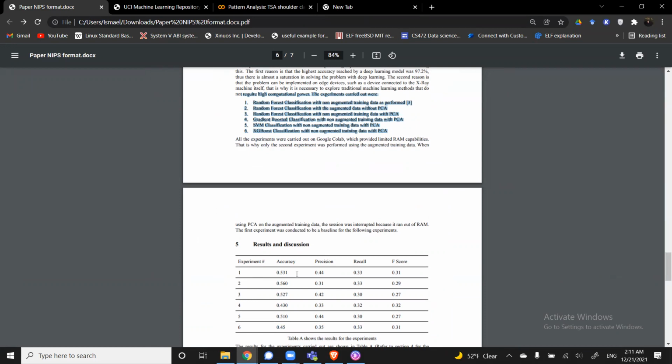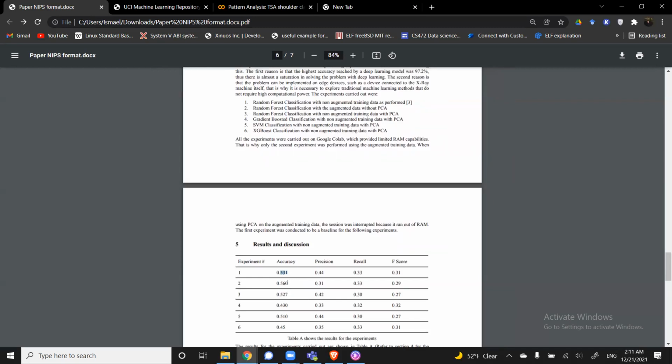Here, in experiment 2, we find that the accuracy is 56%, which is the random forest classification with the augmented data. And the first one was the method implemented by Urban without the data augmentation. So we can see a jump of 3% in the accuracy.